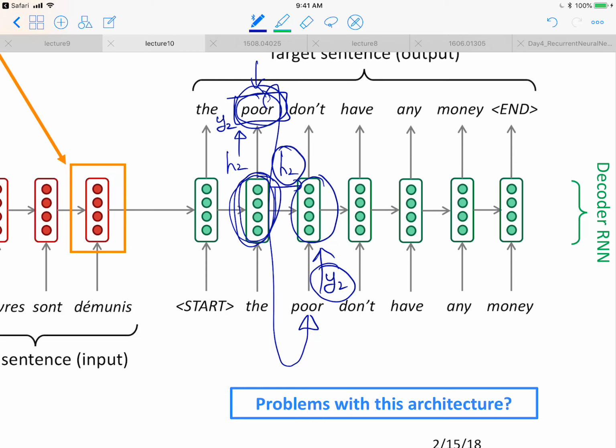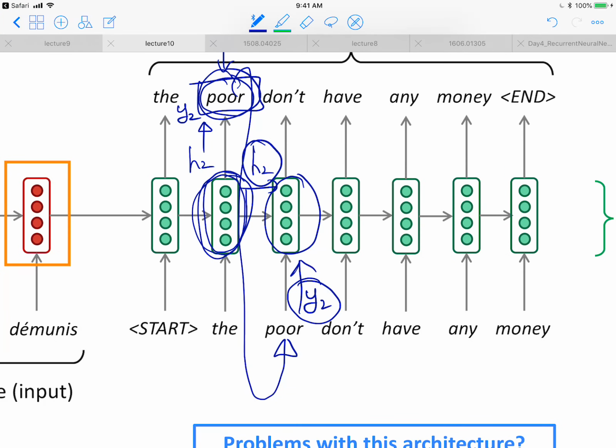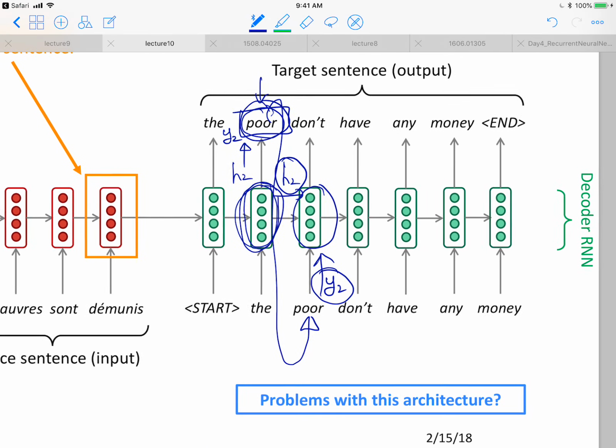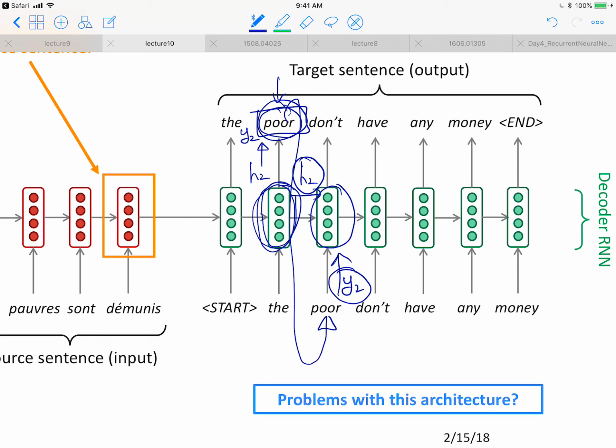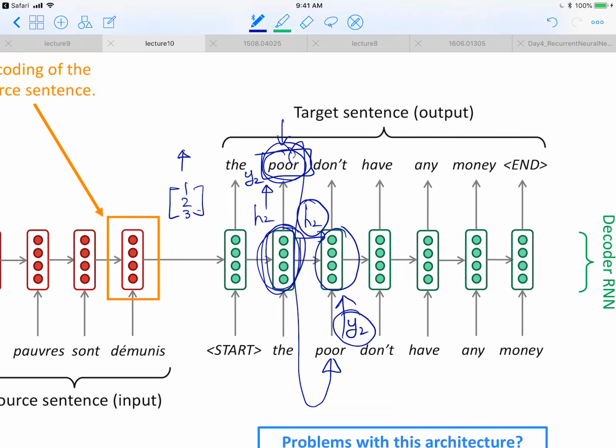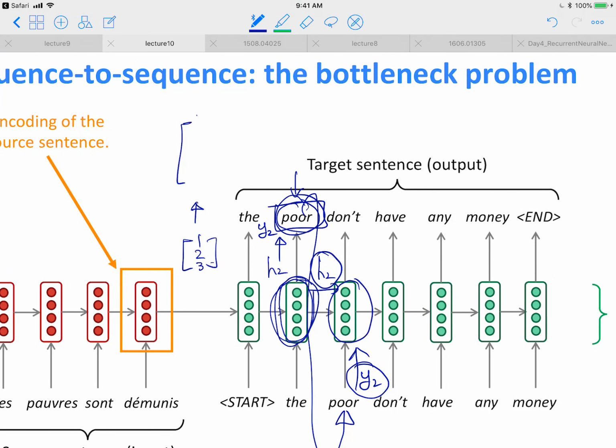So yeah, let me add also my own interpretation in addition to the student's answer. So if H2 was 1, 2, 3, and then it generated maybe the softmax output as 0.1, 0.2, 0.1, 0.3, maybe 0.4 and 0.2.